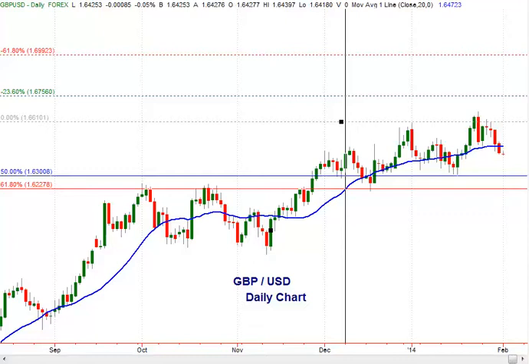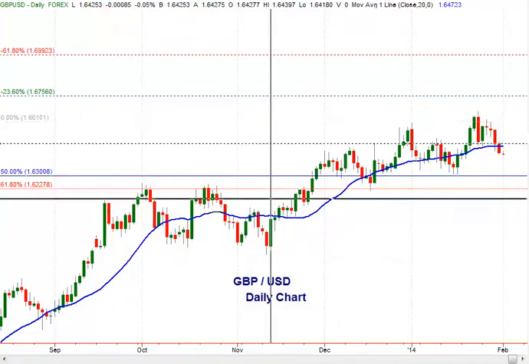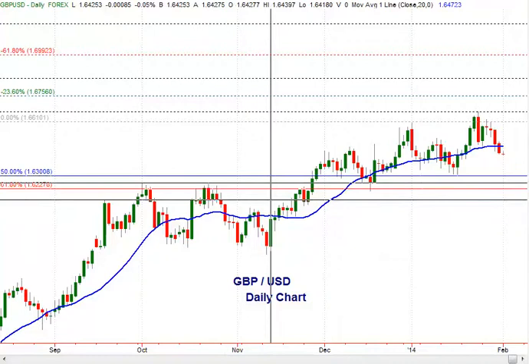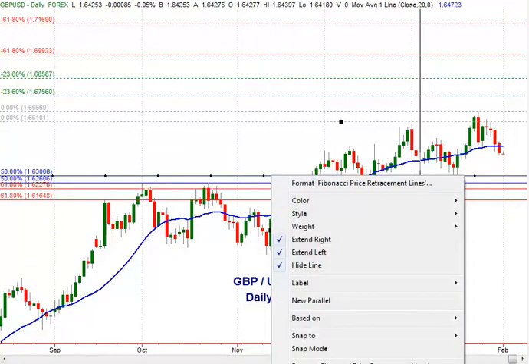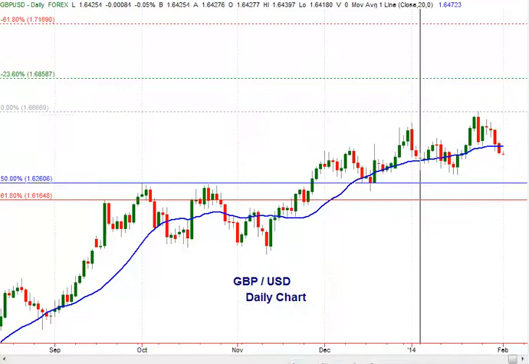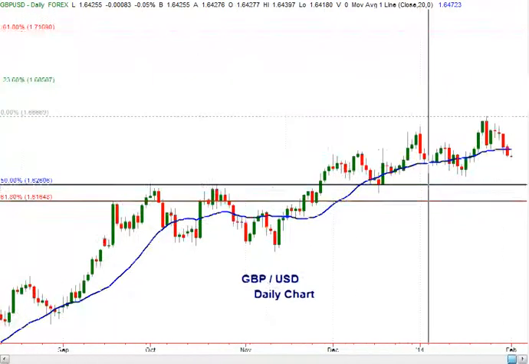A violation of the 162.26 on the downside, piercing this level on the downside, will bring us to consider another level. So we'll remove the 163 level now, and it will bring us to consider the 162.60 level of support, and that's something that we have to keep in mind anyway.